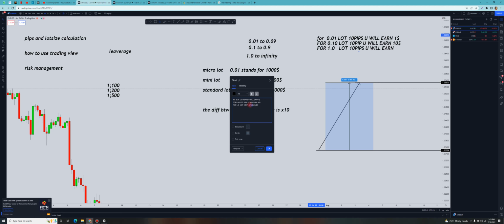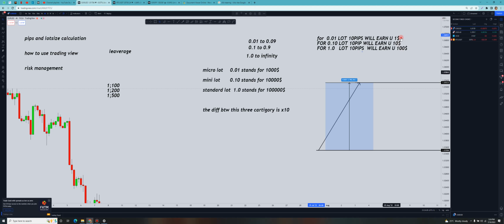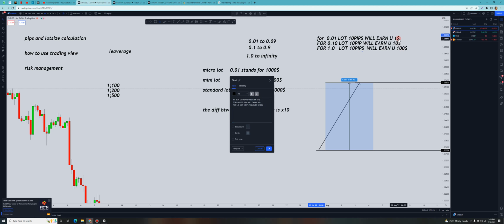And for 1.0 lot, 10 pips will earn you $100. Once you have this formula by heart, it becomes easy to calculate whatever numbers you are given.